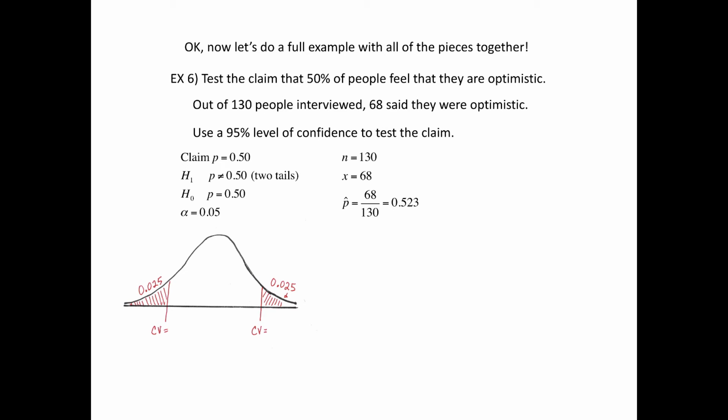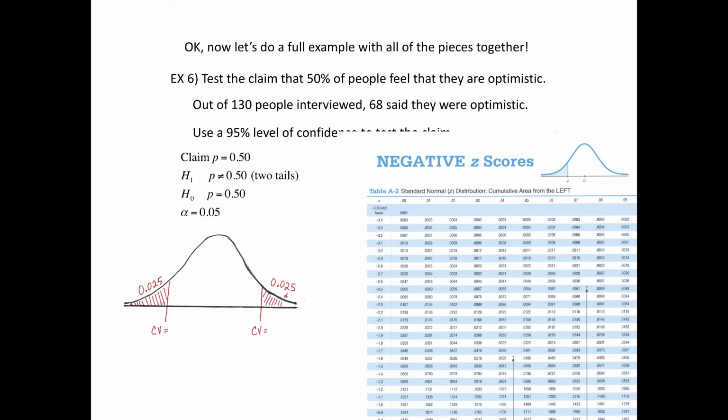Then look up the critical value. Since we're talking about proportion, that's going to be table A2. And I find it easier to just look up the negative one, and whatever that number is over here on the left, it'll be the same number but positive on the right. So look through the table and look for what's closest to 0.025. So 0.025 is actually right here.